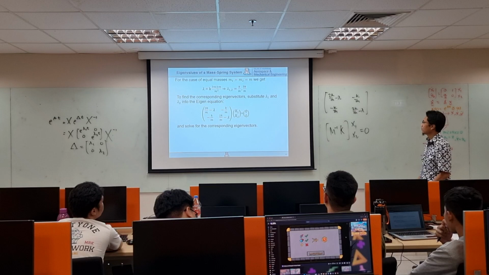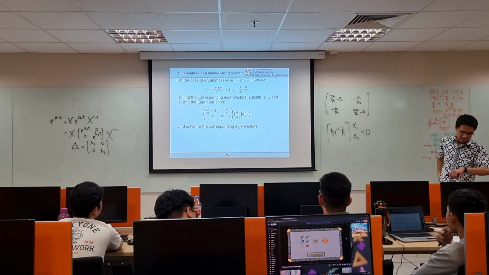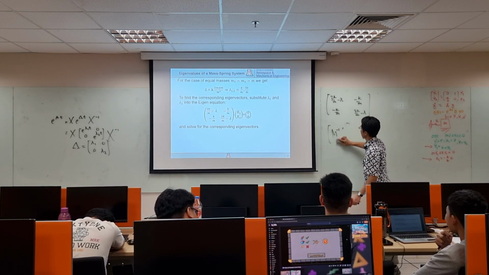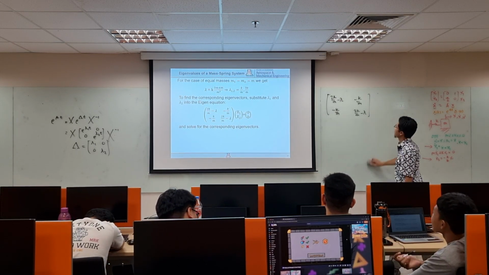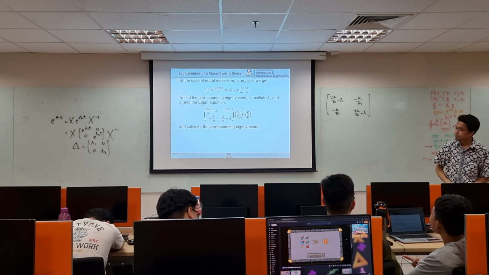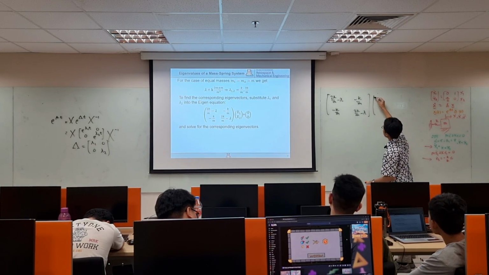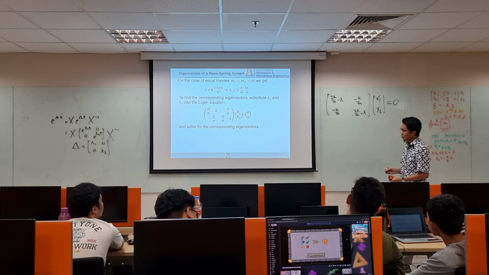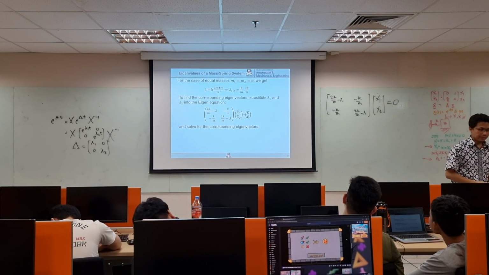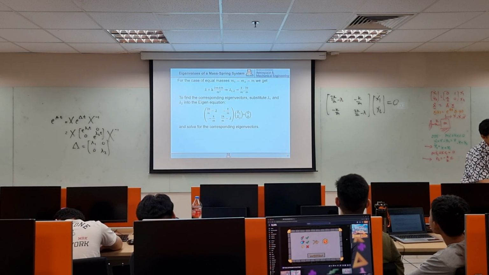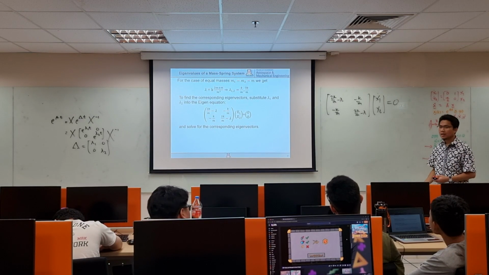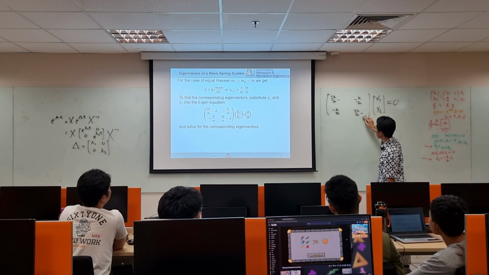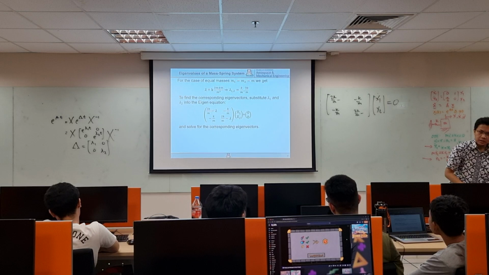So let us solve the eigenvector now. Put the lambda equal to k over m. Now I put the lambda equal to k over m. Remove this. Put k over m.